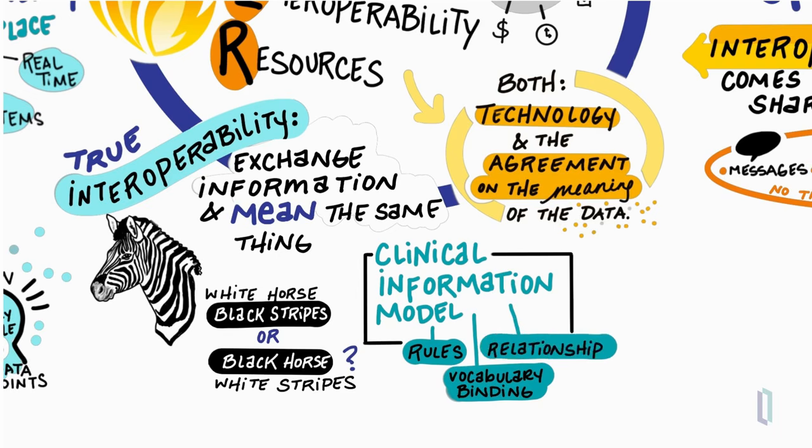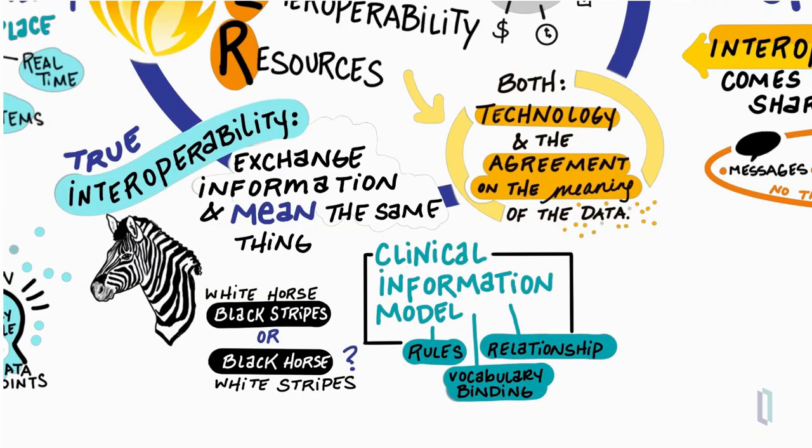That is the description of the data for a particular use case. So it is the rules and the relationships between the data in that data concept, the vocabulary bindings, and if that's starting to sound like a FHIR profile, that's exactly what it is.